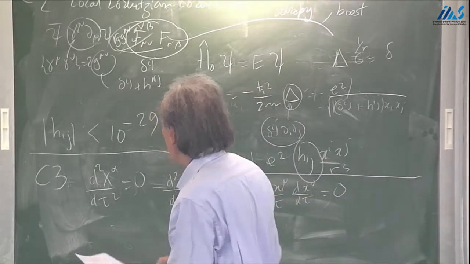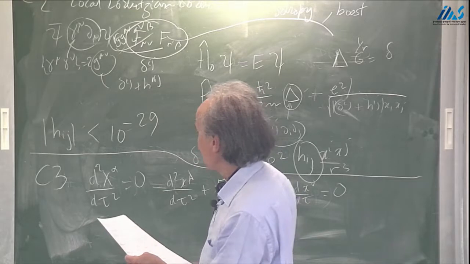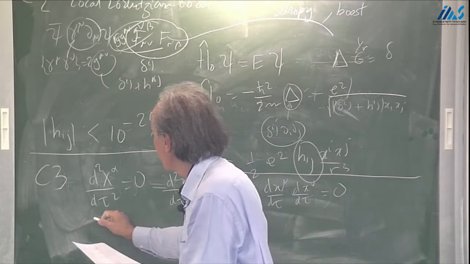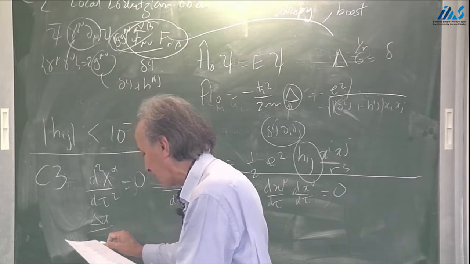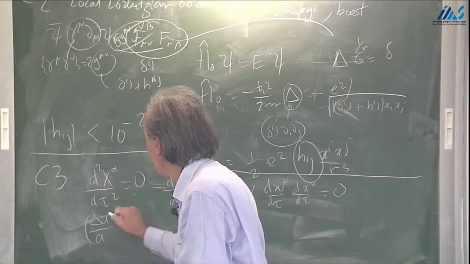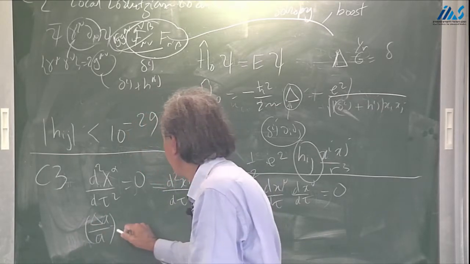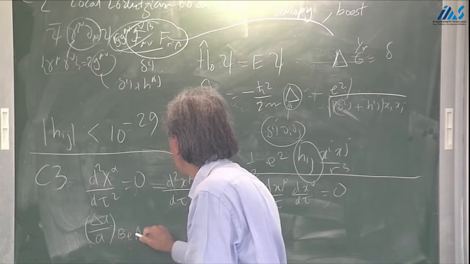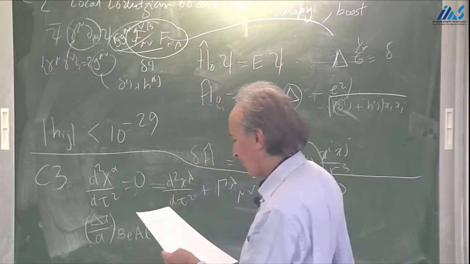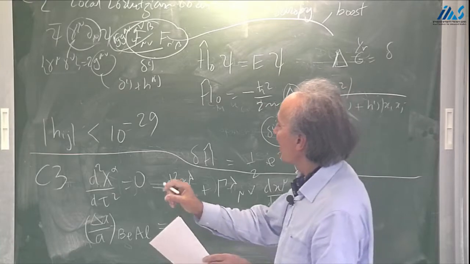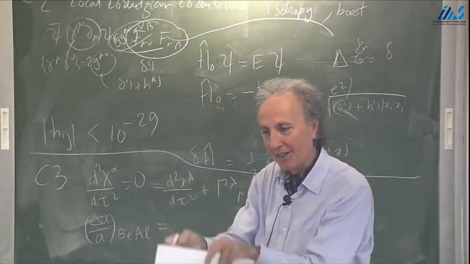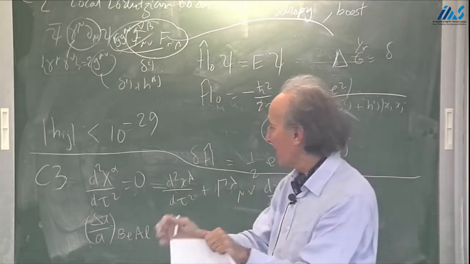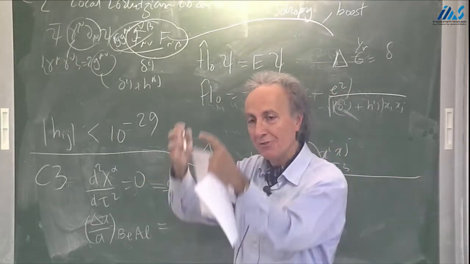Yes, this has been tested to high accuracy. Let me quote just 2 recent results. The group of Adelberger has been working for years on it, and one of their most impressive results is on the fractional difference in free fall acceleration. You compare a mass of beryllium to a mass of aluminium, and you let them fall.